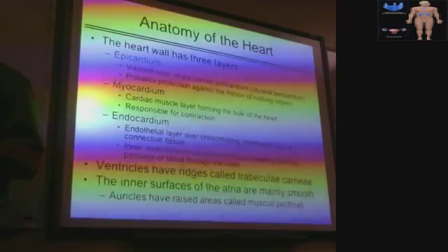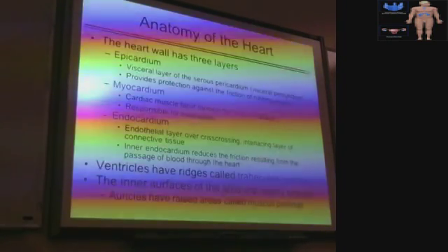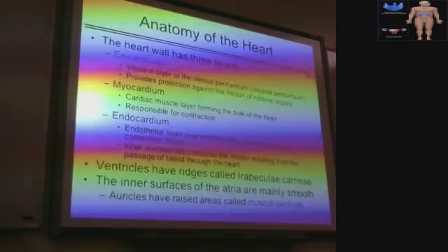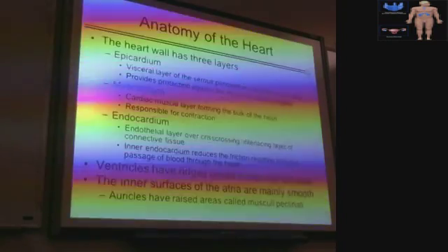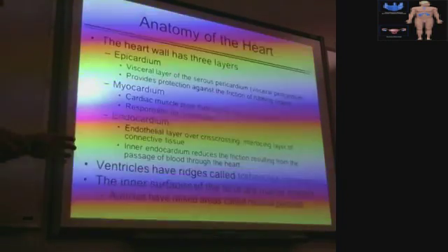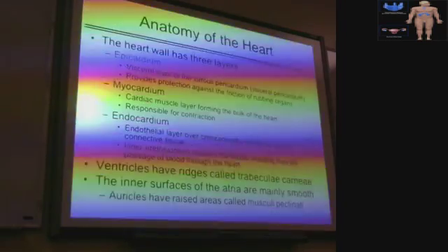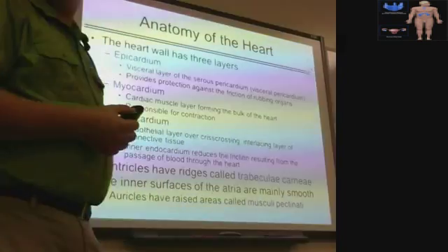Endocardium is the endothelial layer, meaning on the inside, and it's over the top of layers of connective tissue. The inner endocardium reduces the friction that results from the passage of blood through the heart. So basically, it's the lining on the interior, the endocardium.